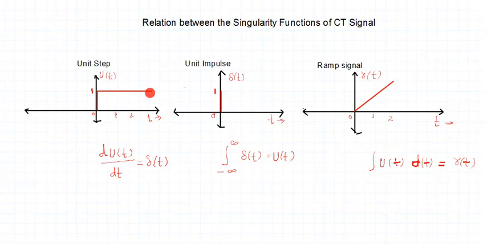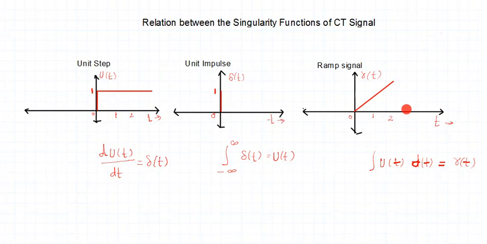Impulse exists only at the 0 time instant, and the ramp signal exists from 0 to infinity, and its value goes on increasing linearly with time and goes to infinity as time tends to infinity.